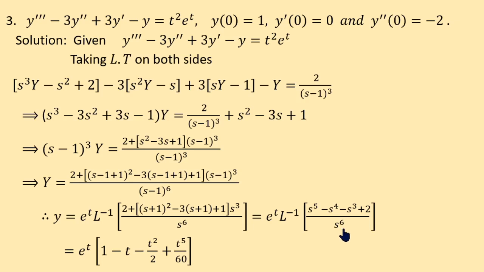Remember, the inverse Laplace transform of 1 by s power n is t power n minus 1 by (n minus 1) factorial. 5 factorial is 120, cancel 2, so it becomes 60. The final answer is e power t into (1 minus t minus t square by 2 plus t power 5 by 60).